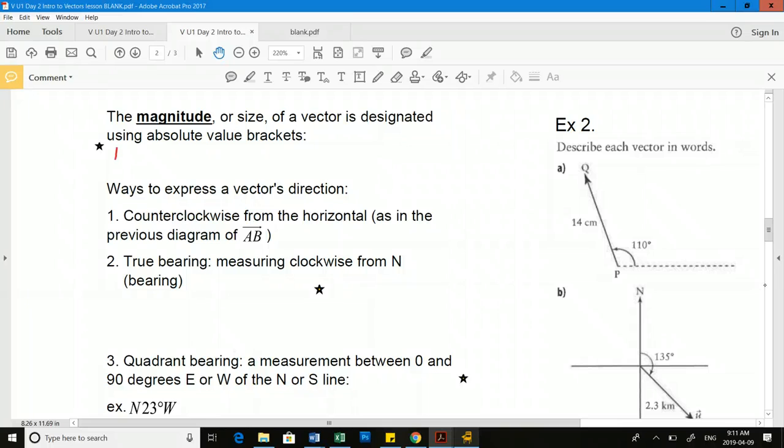Okay, so this means that the magnitude of vector AB, like I showed you above, or single letter vector V, we can actually write, does anyone remember what the absolute value sign is? Yeah, so it's like absolute value of AB, but in this case it actually means magnitude of AB and magnitude of vector V.